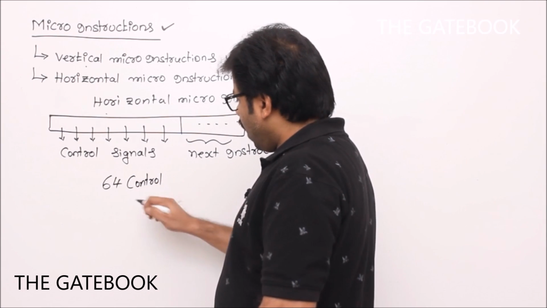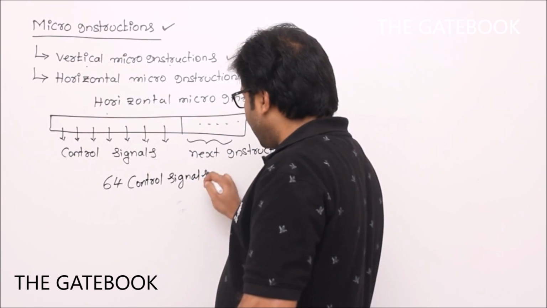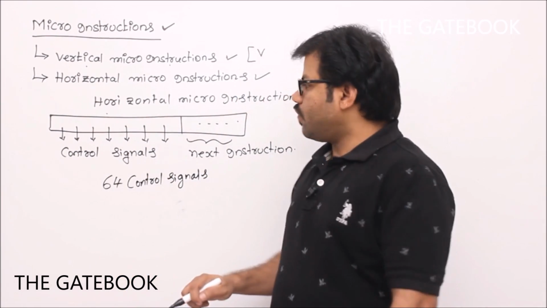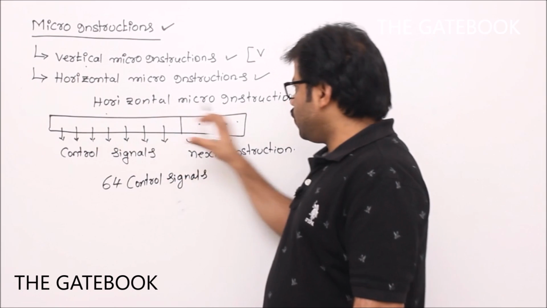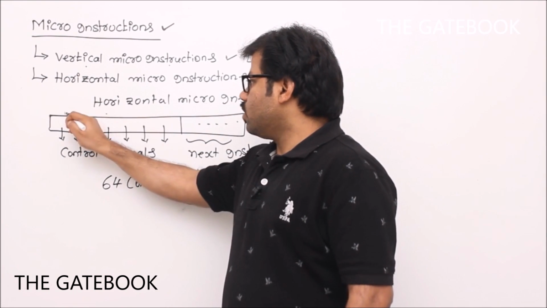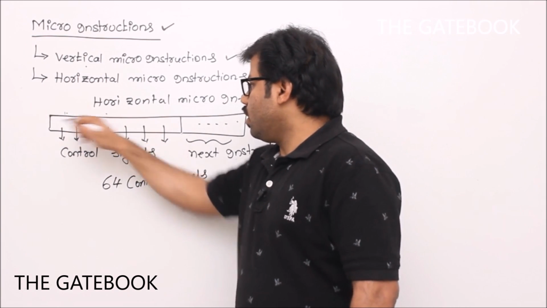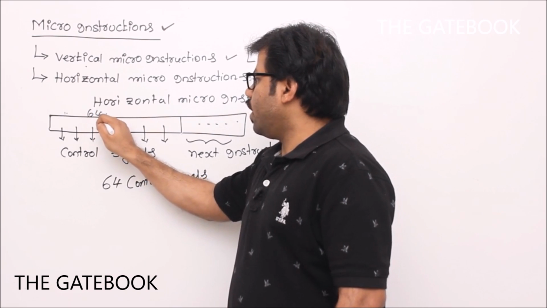If there are 64 control signals, we don't know which signal should be activated at any point of time. That's why each word, this portion if you focus, is a micro instruction. So each micro instruction should have 64 length, correct?